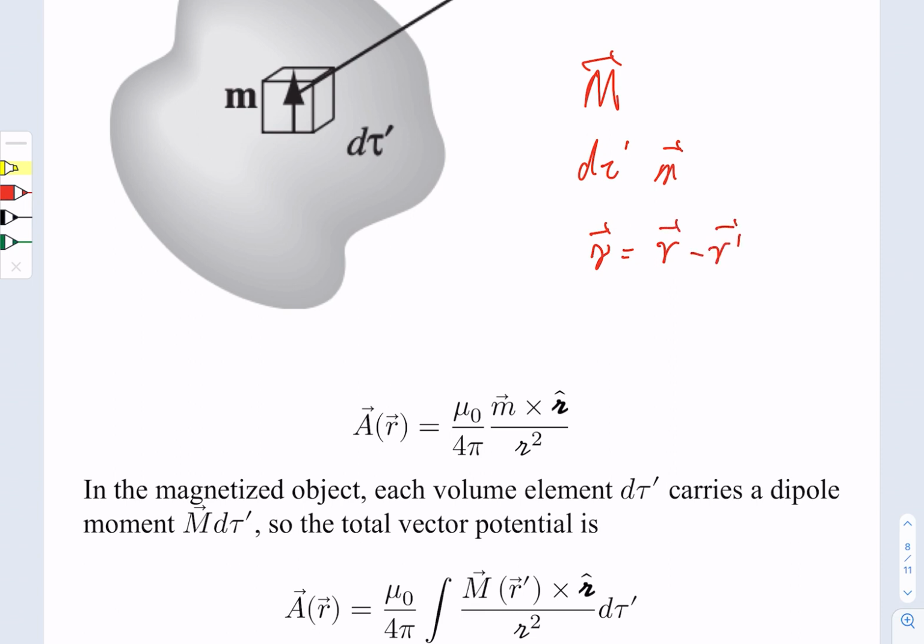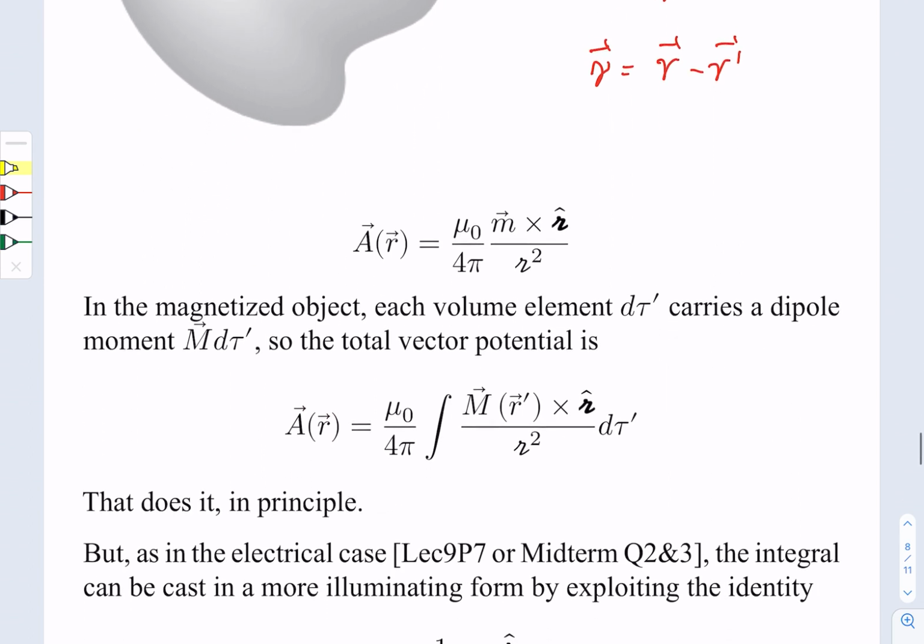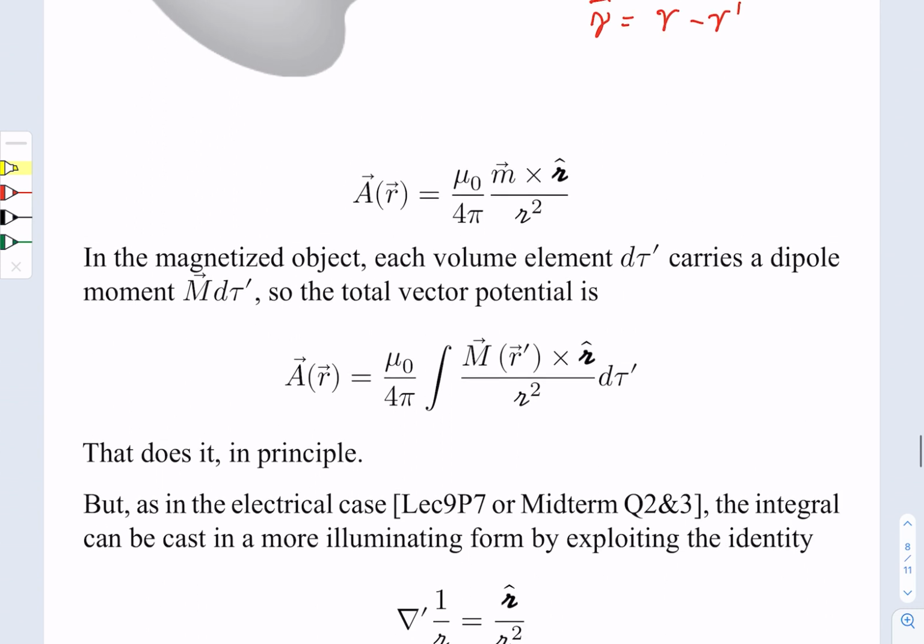It relates the source and the observation point. So what we get in the end is the total vector potential at an arbitrary point.